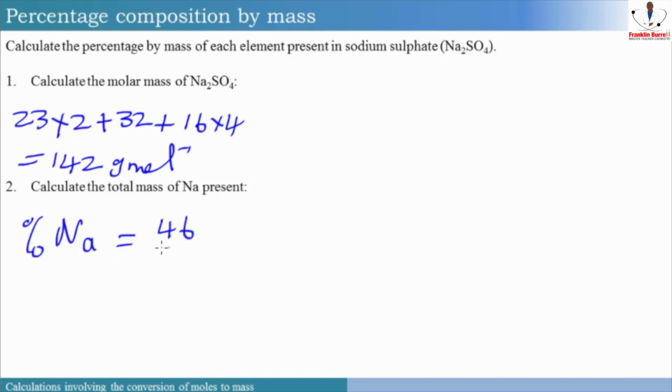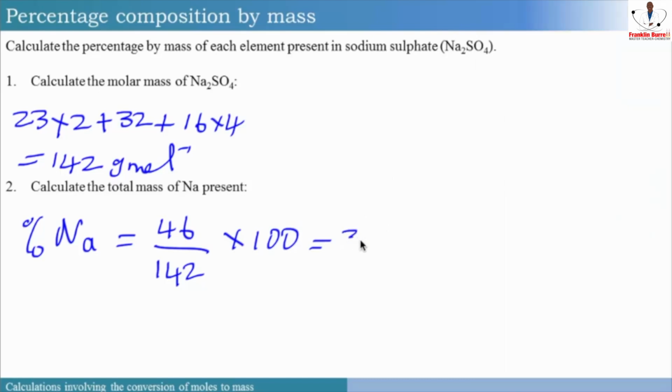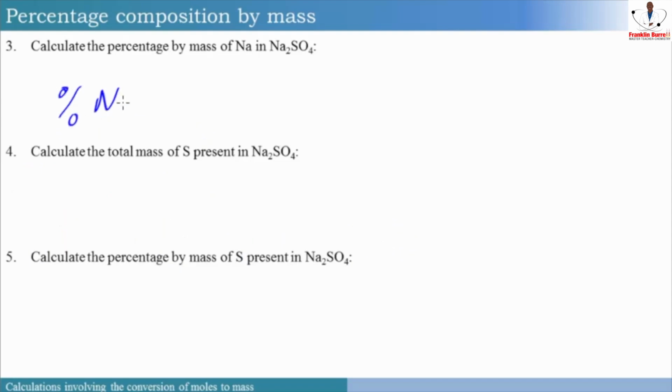So that's 46 over 142 times 100. So 46 divided by 142 times 100 is equal to 32%. So the percentage by mass of sodium present in sodium sulfate is 32%.